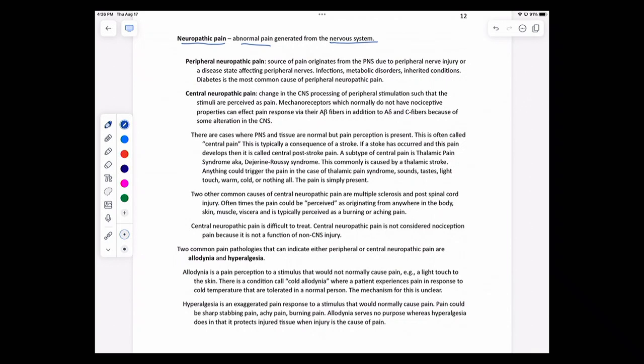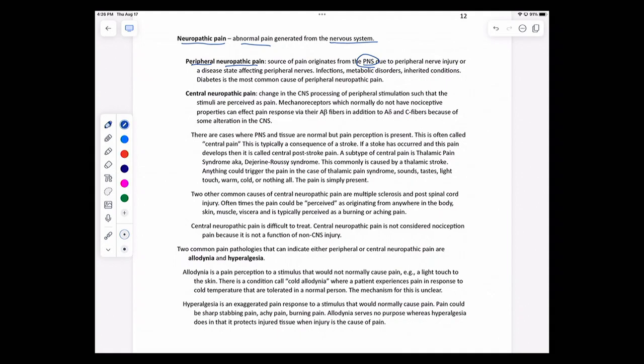So let's break this down into two groups. We have peripheral neuropathic pain. The source of this pain originates from the peripheral nervous system. In other words, those neurons associated with the DRG, or it could be the neurons associated with the pain in your cranial nerves that are innervating your head, your face, your mouth, or whatever else.